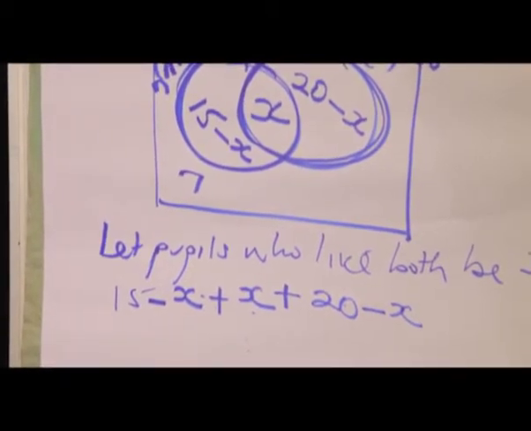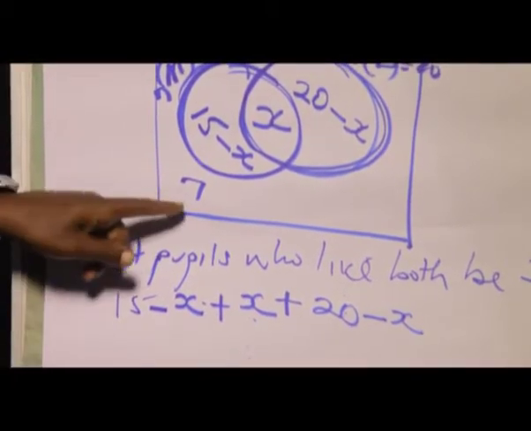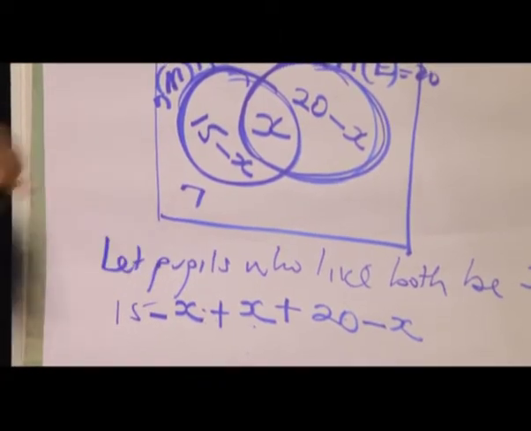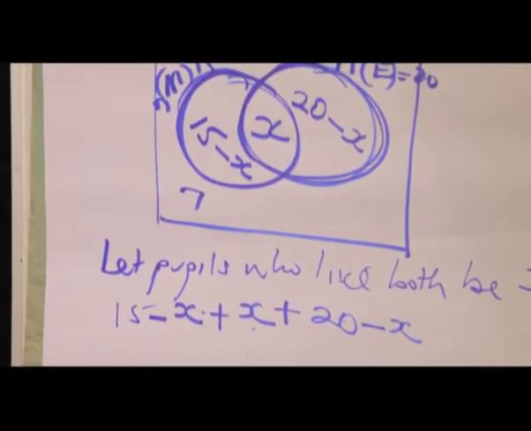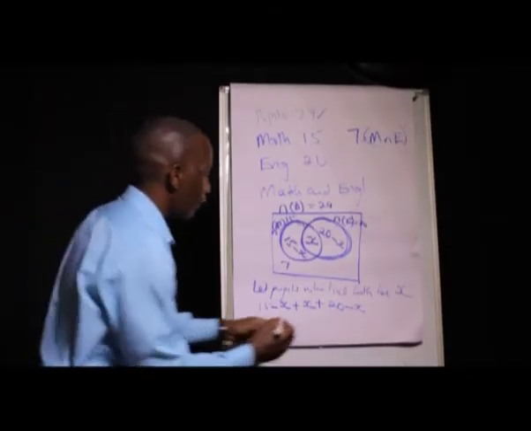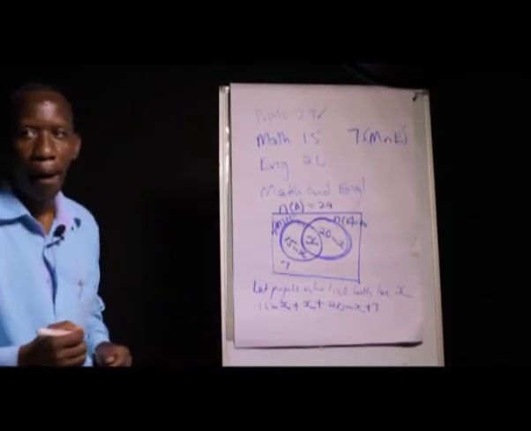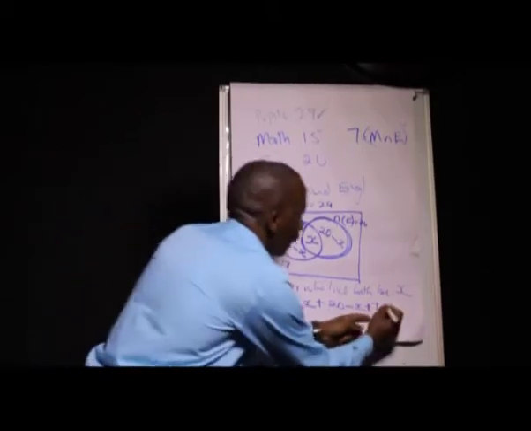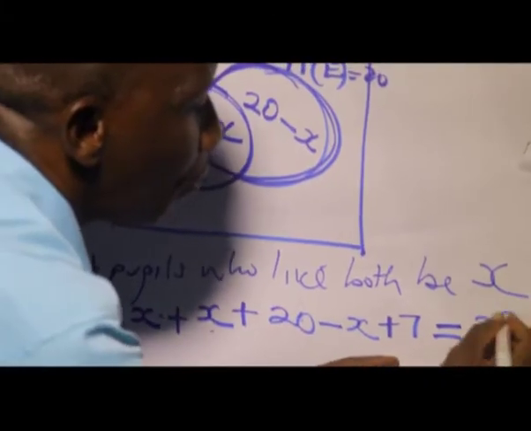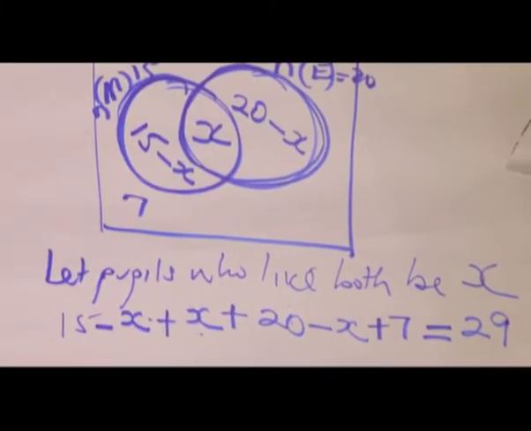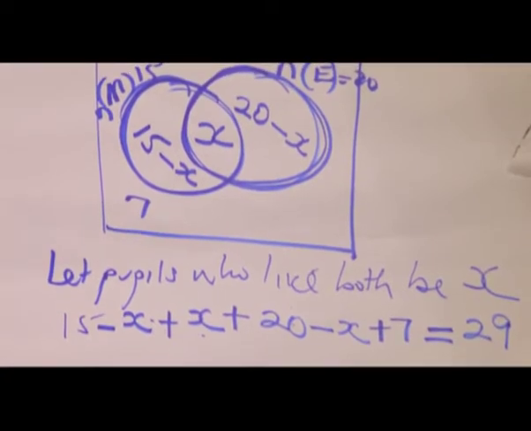But remember, in that class, we have a number of pupils who don't like either of the subjects. They are in the class, so we add them up, giving us the total number of pupils in the class, the universal set, that is 29.